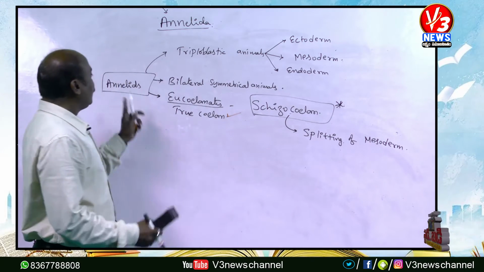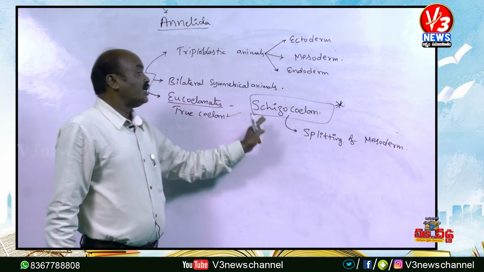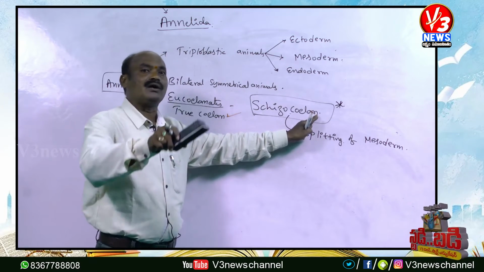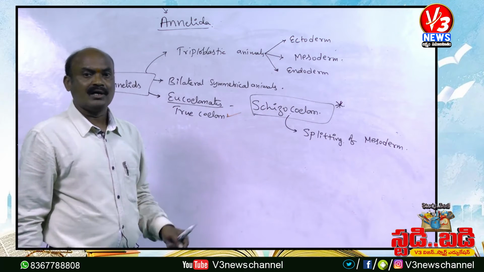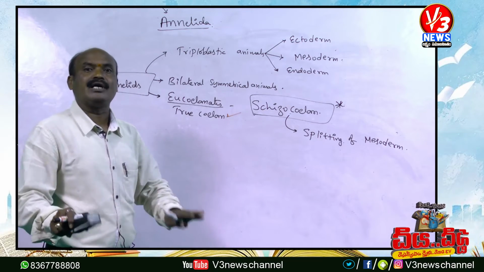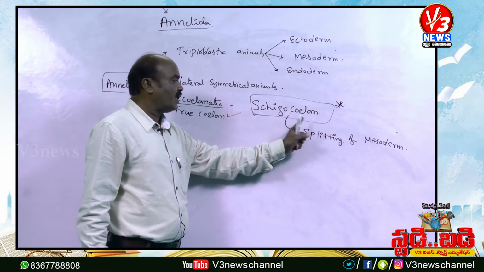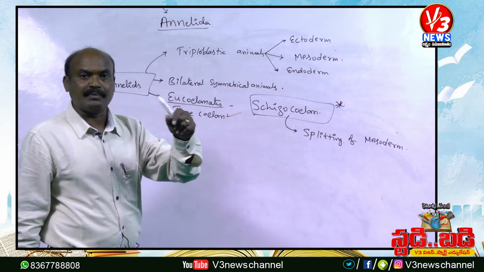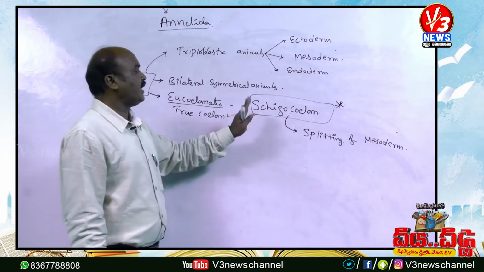Annelids are triploblastic, bilateral symmetrical, schizocoelomate, segmented bodied invertebrates. So from the entrance point of view, you must remember what type of true coelom is present in annelids. The answer is schizocoelom.